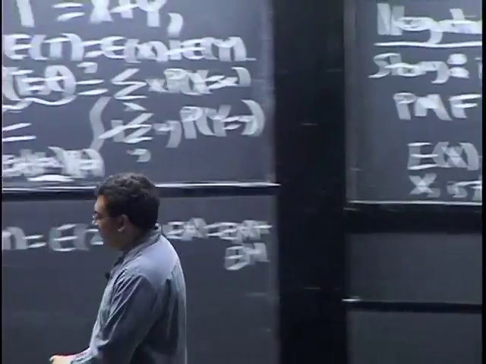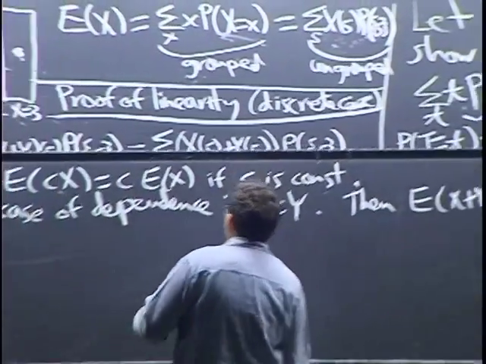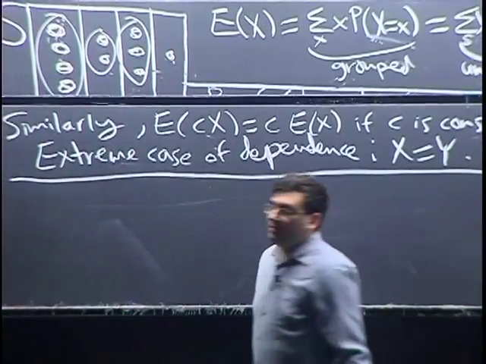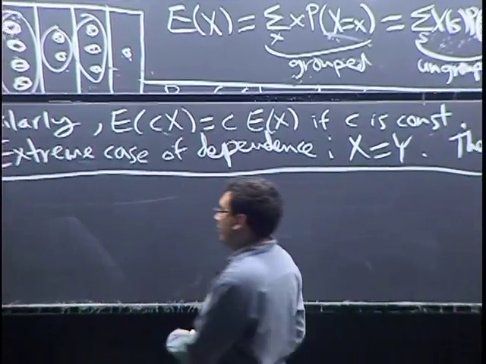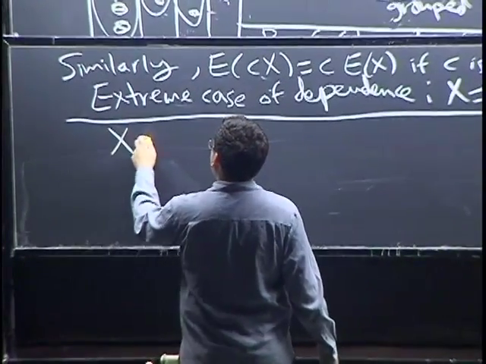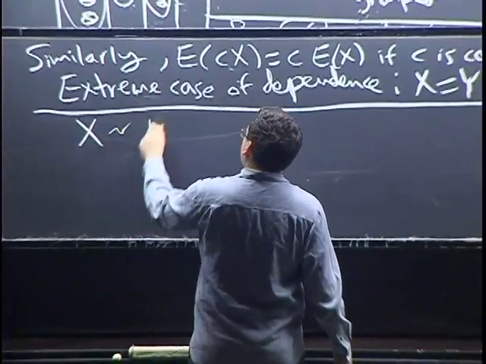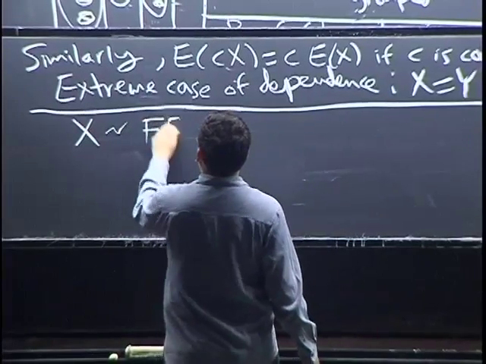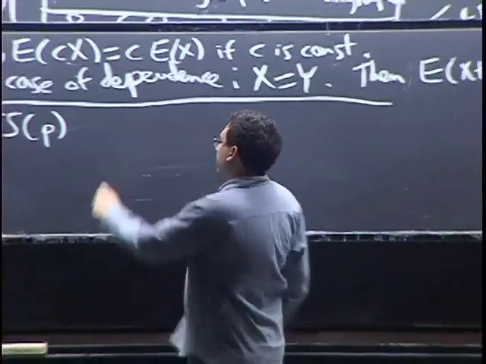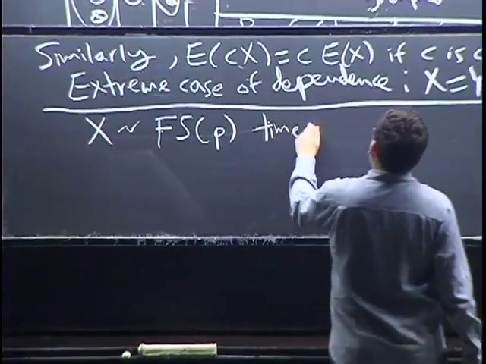Just to say a little bit more about that geometric thing, let's define what is sometimes called the first success distribution. Let's let X be FS of p. That's first success of p. That is the time until first success.